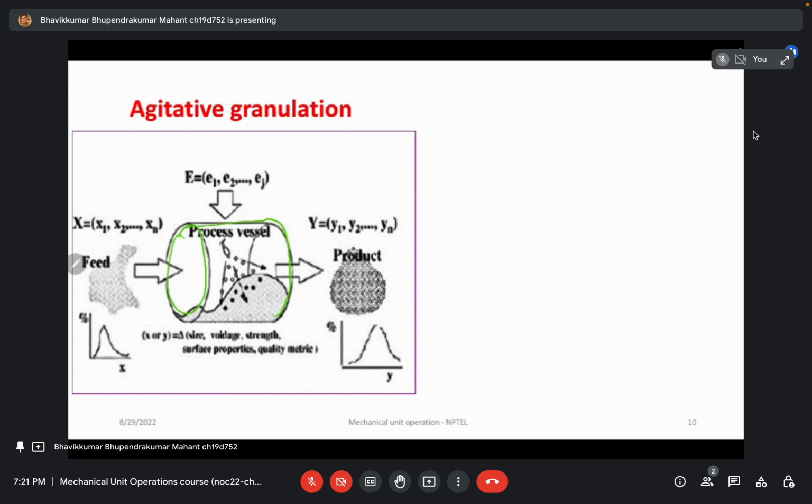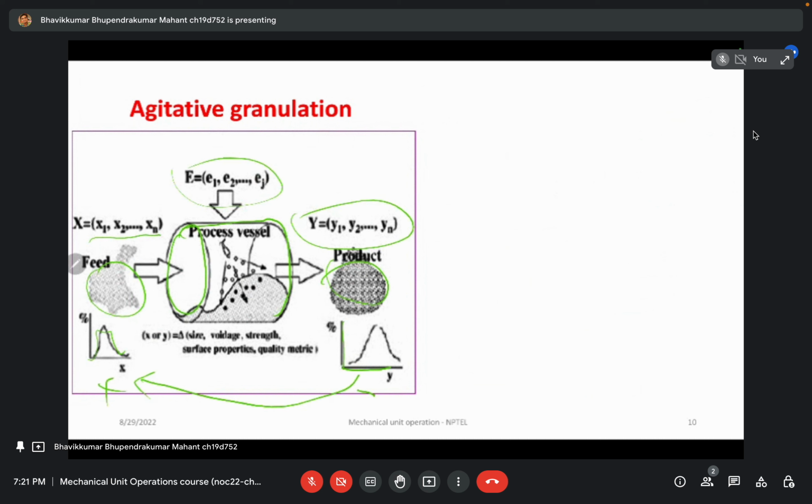In the process vessel you feed some fine particles with some particle size distribution. Various sizes of particles are fed into it, and agitation is provided, which is a function of different kinds of motions, and at the end you will get some product which has enlarged particles, in some pellet size, or consolidated particles which have a different particle size distribution from the original.